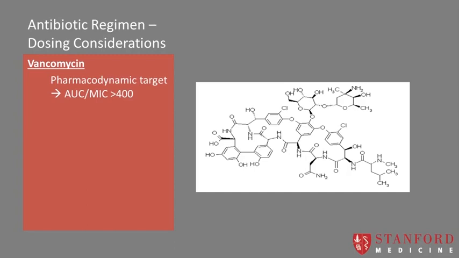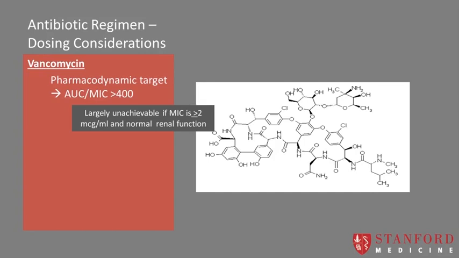Now, if we decide on those antibiotics, then we have to decide on things such as dosing. We know from studies with vancomycin vis-a-vis Staph aureus bacteremia that there is an appropriate pharmacodynamic target, which involves hitting a ratio of the area under the curve of exposure to the drug to the minimal inhibitory concentration of the organism of at least 400.